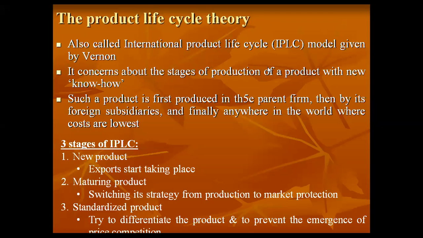The declining stage is characterized by location of manufacturing facilities in developing countries. The original innovating country becomes a net importer. So these are the effects of different stages of the product life cycle.